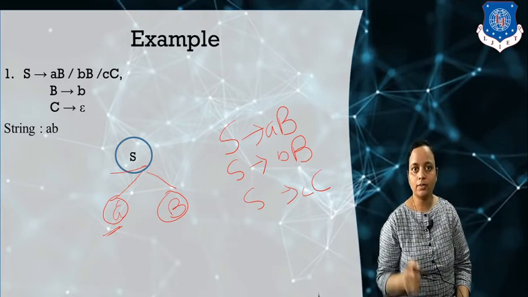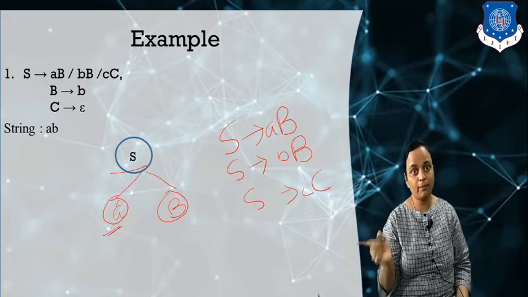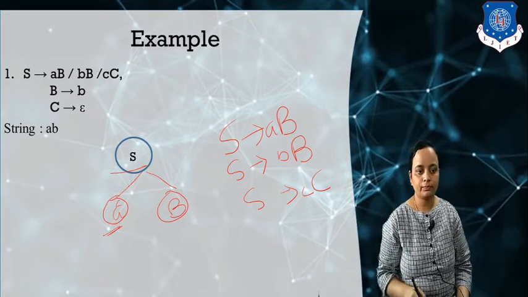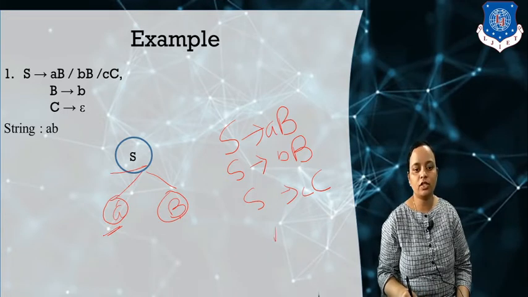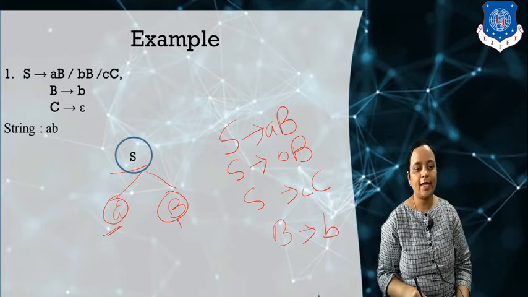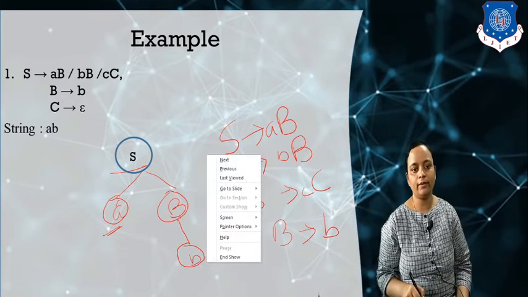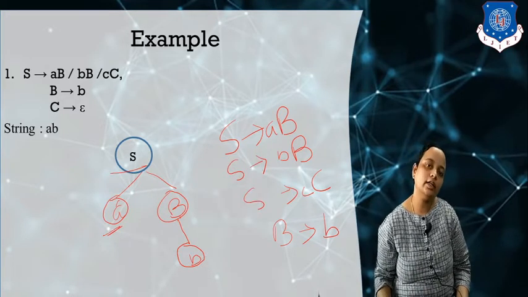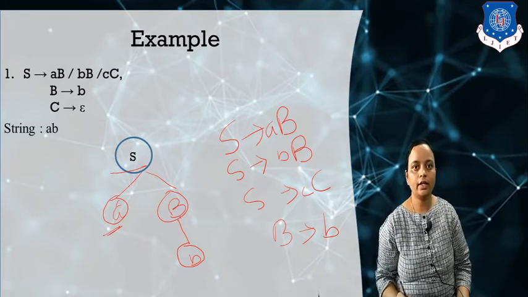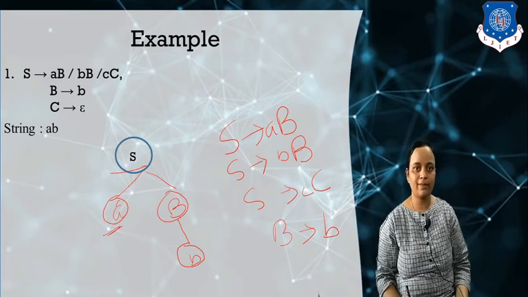Why non-terminals? Because non-terminals contain production rules. Now a is a terminal. Now B: how can we expand B? By using the production of B. B contains only one production, so directly we can expand B. B derives small b. Can we expand this node? No, because it contains a terminal symbol, so we cannot expand it.